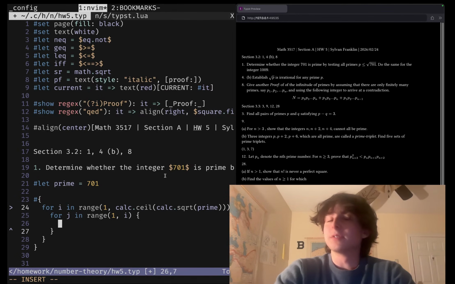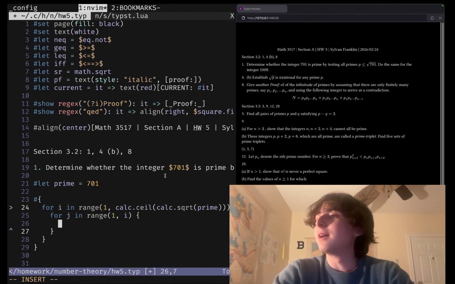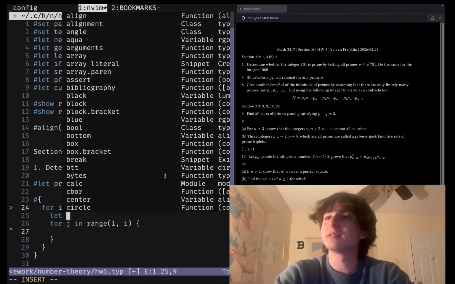Could be doing the sieve of Eratosthenes again, but good call whoever said do this right in Typst. That's really funny. Okay, so we need the flag.